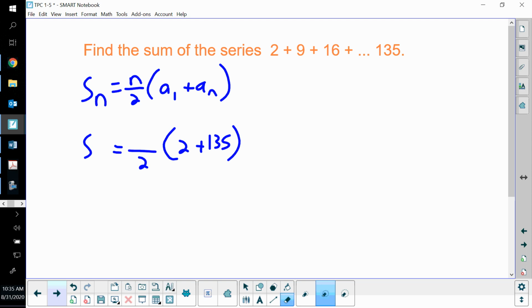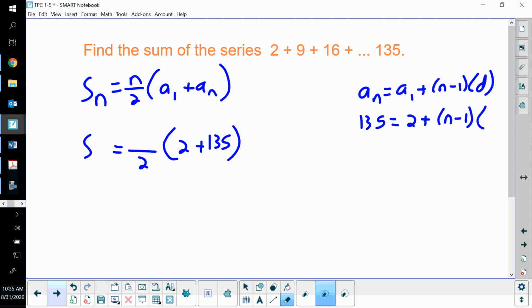So we've got to go to our arithmetic sequence formula again in order to figure out what the value of n is. Well, 135 was our an. Our a1 was 2. We don't know n, and our d was 7. So we saw in a previous lesson there were 2 ways that we could approach this.